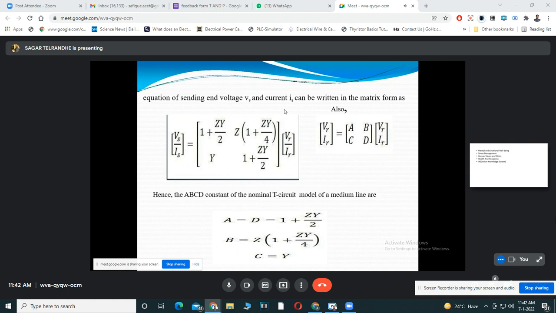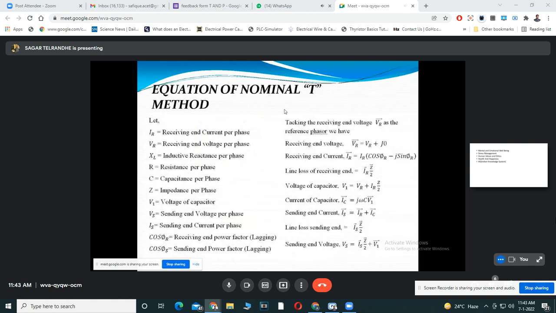Representing it in a matrix form provides us with the A, B, C, and D constants such that A is equal to D, which is 1 plus ZY by 2. C is equal to Y and B is equal to Z times 1 plus ZY by 4. Then the equation of the nominal T method.